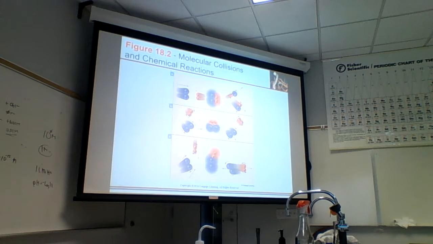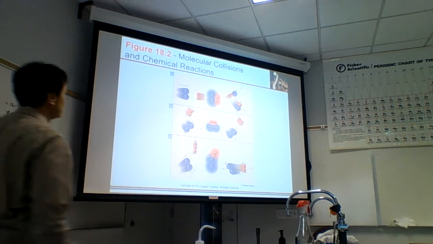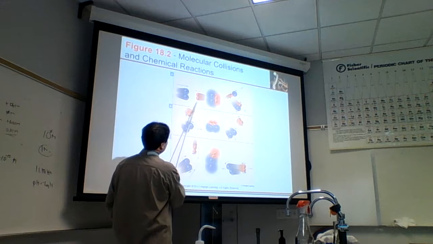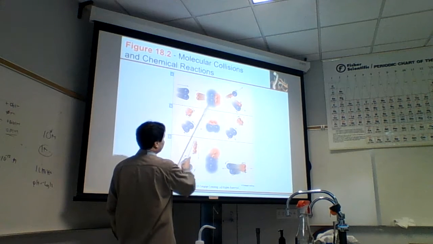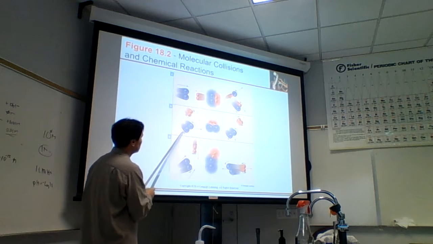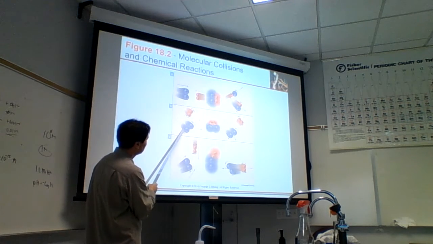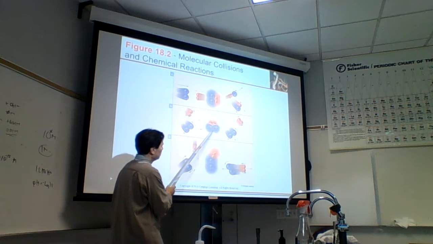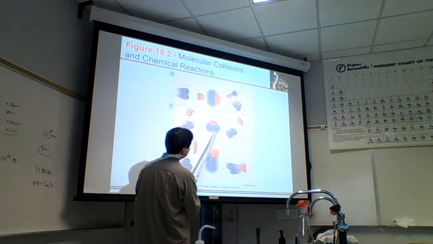Here are some examples of collisions. This collision looks successful, because the orientation's right, the energy's right, they collide, and break up into product. This one does not look successful. The orientation doesn't look right. The energy might be okay, but the orientation's not right, so it's not going to happen.